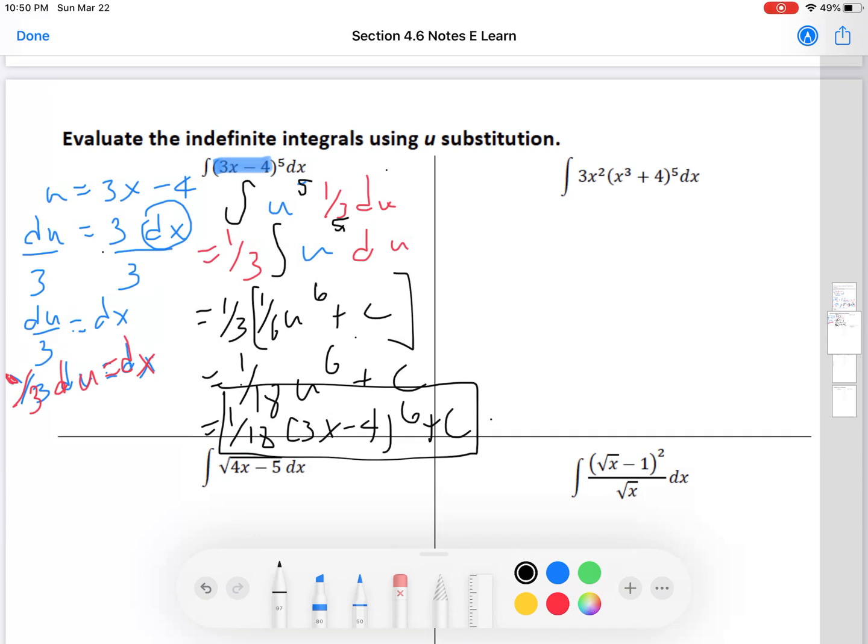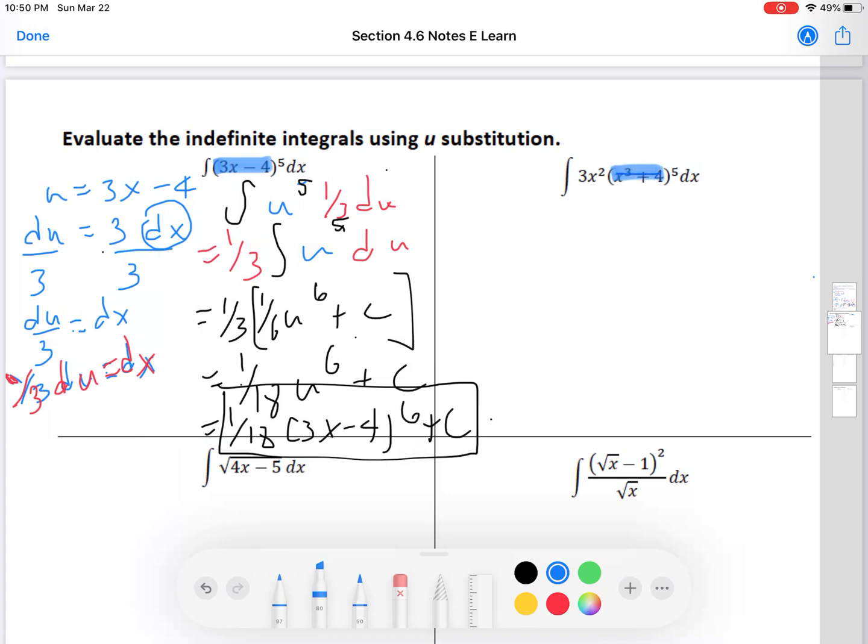Okay, next we are going to go to an integral where we have something to the fifth power, then we have a 3x squared on the outside of that. So you may be wondering, how do we choose our u? Usually you can tell what your u is when it's in parentheses and grouped on its own.